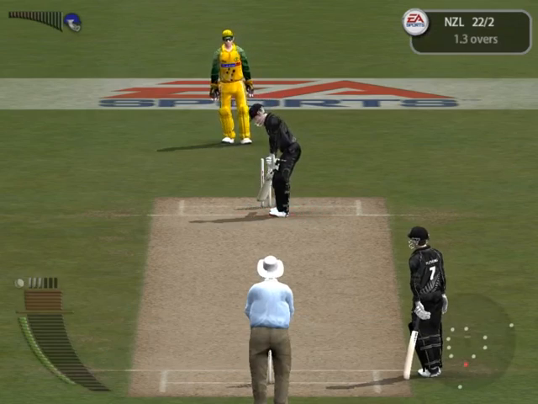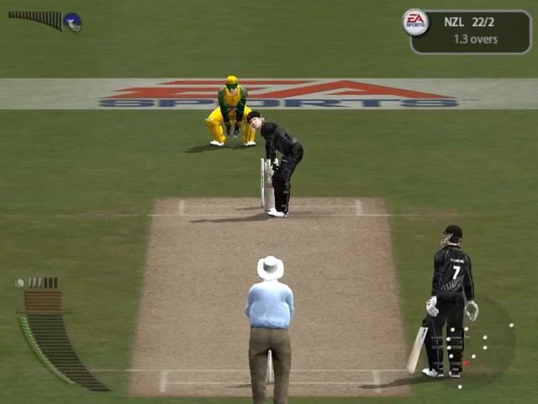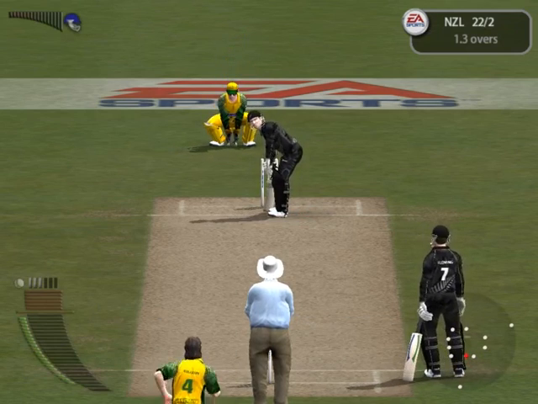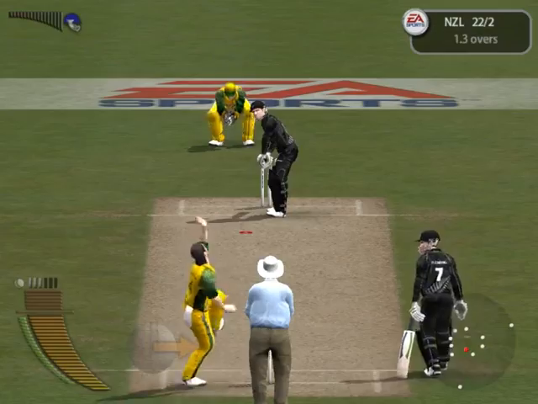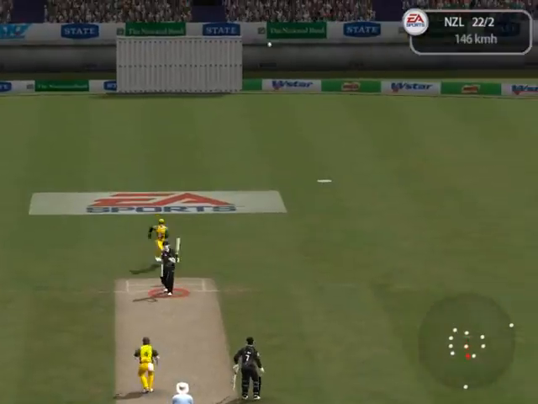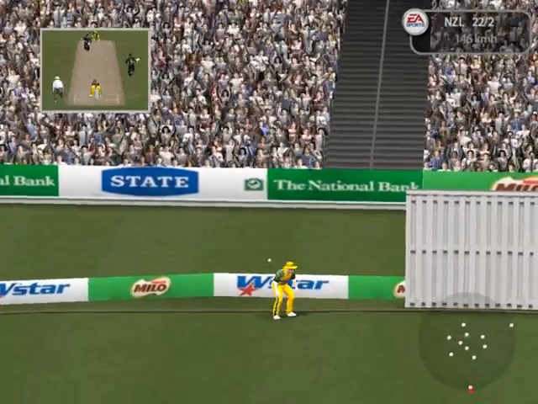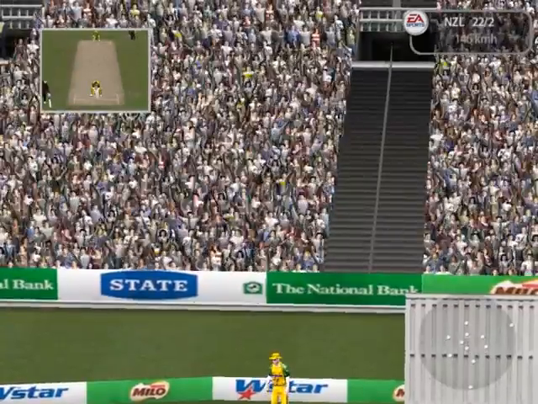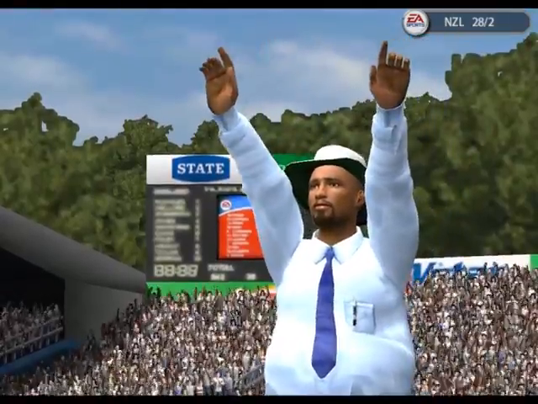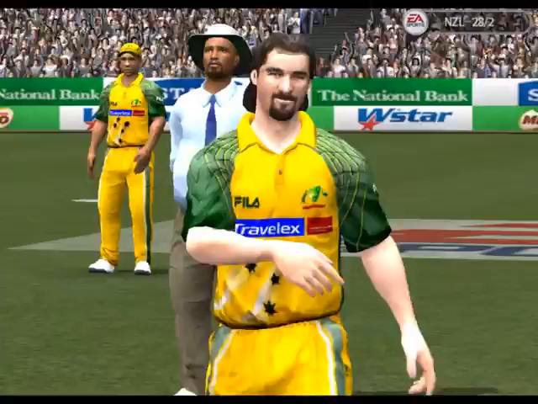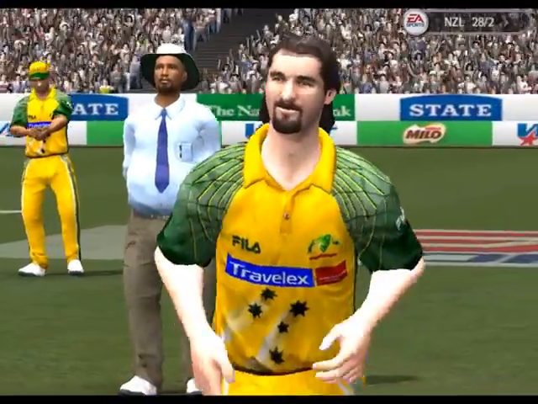Gillespie to Astle. That's over the rope. 6 runs off Gillespie. Gillespie won't like that at all. He absolutely loves to play that shot. It's a big run score for him.